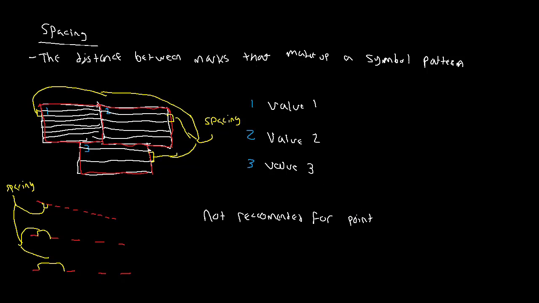So to recap with spacing, we're adjusting the distance between the marks that make up the symbol or the pattern for the symbol. For polygons, it's the distance between whatever we're calling the repeated pattern, in this case, horizontal lines. With lines, typically you're going to make a dashed line, and it's going to be the distance between the dashes. So let's talk about whether or not spacing is good for nominal, ordinal, interval, or ratio.